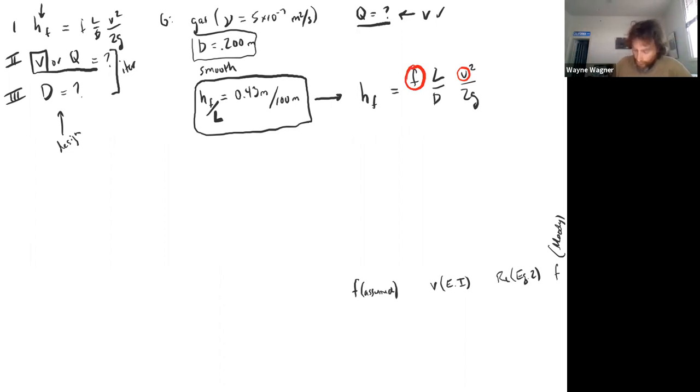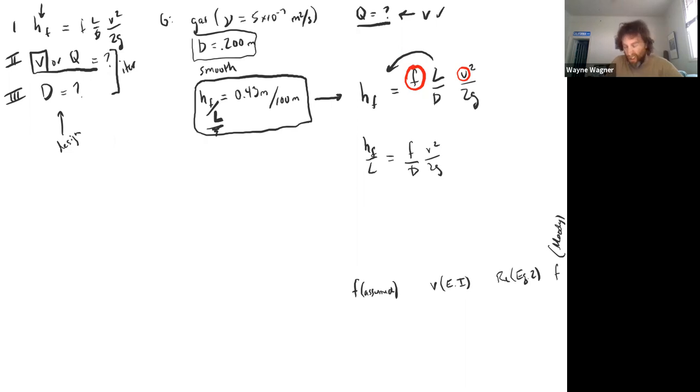So it has two unknowns, one of which we care about, and I don't really care about F except that it helps me solve the problem. I don't know HF, but I know HF per unit length. So I'm going to take this L and bring it to the other side, and I get HF on L equals F on D, V squared on 2G.